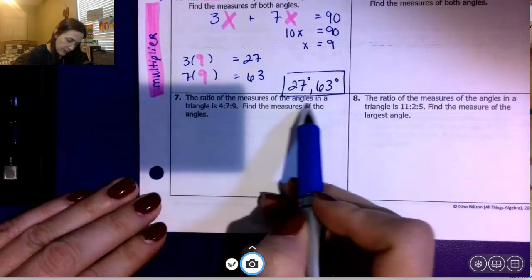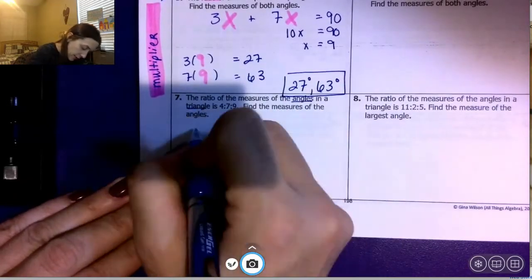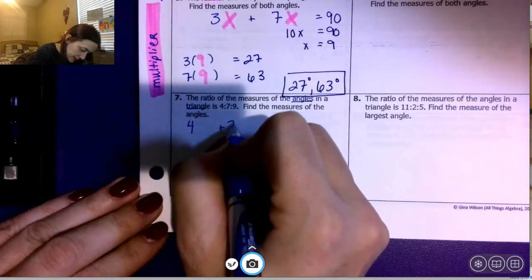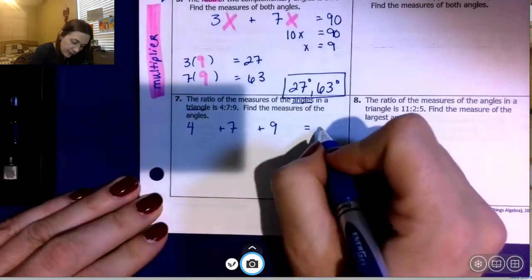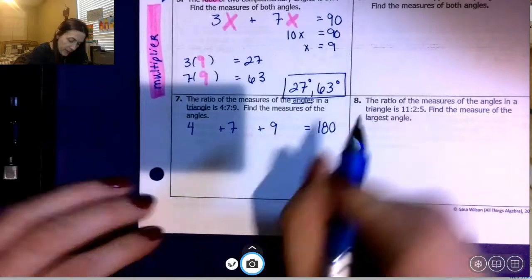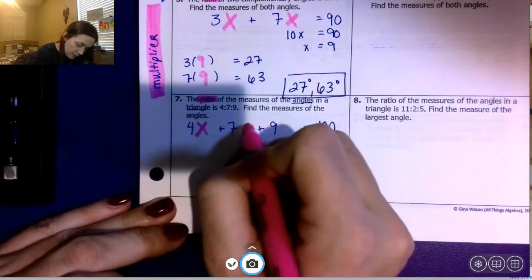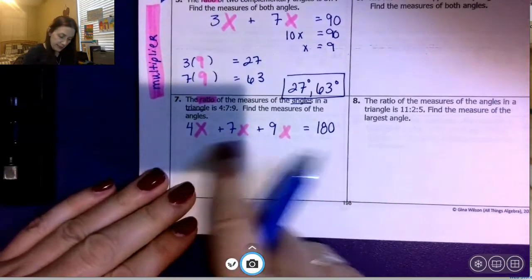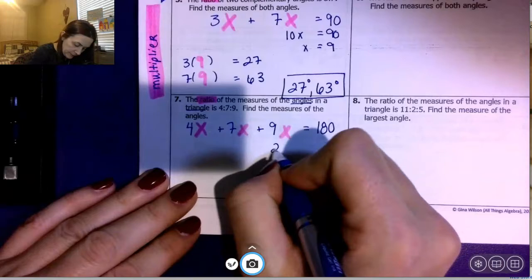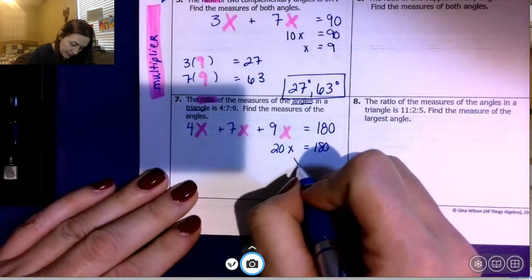The ratio of the measures of the angles in a triangle is 4 to 7 to 9. Now, angles in a triangle add up to 180. It tells me I have a ratio, so I need a multiplier to figure out what the actual values are. 7 plus 9 is 16, plus 4, I get 20x equals 180. I end up with x equals 9.